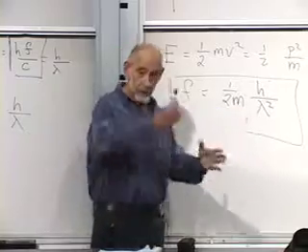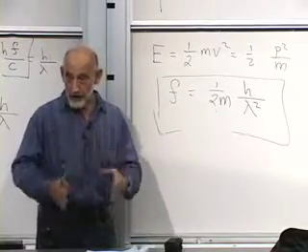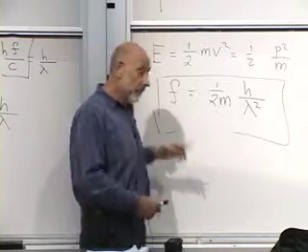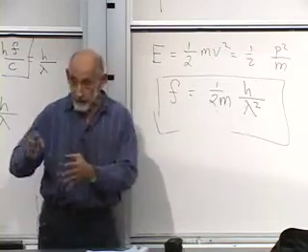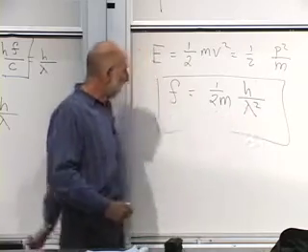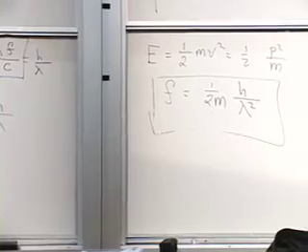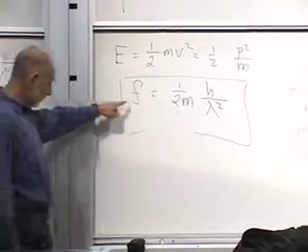This tells you the space dependence of the wave. The Schrödinger equation is exactly an equation for the relationship between the time dependence of a wave and the space dependence of the wave. We will come back to it. But this is just the Schrödinger equation in a slightly disguised form.